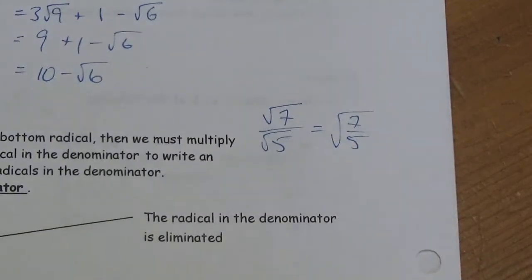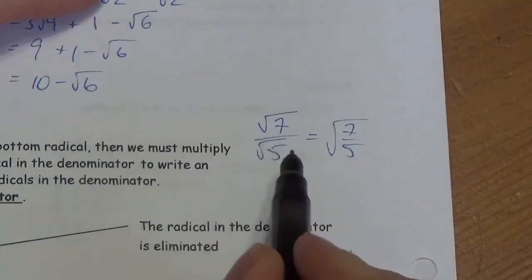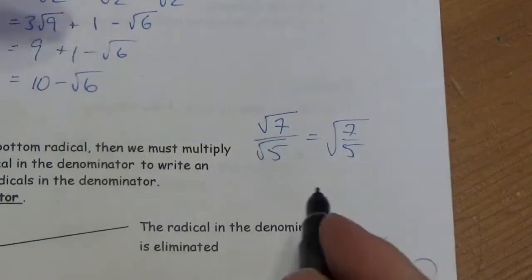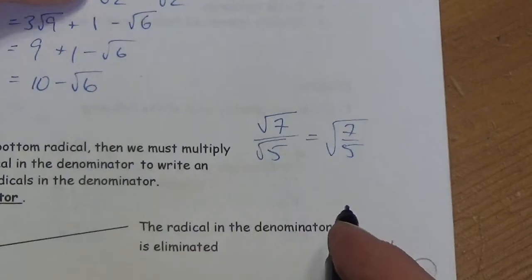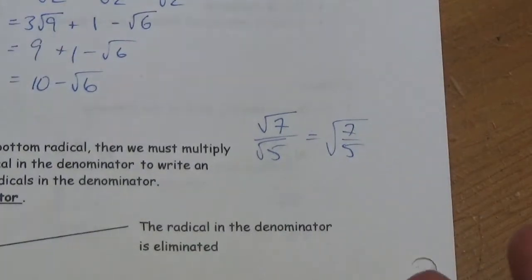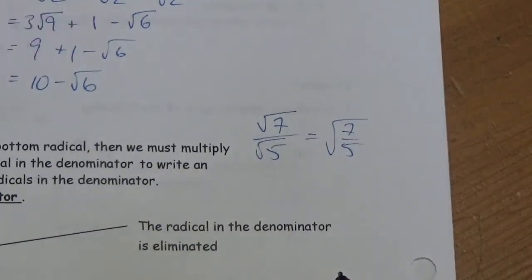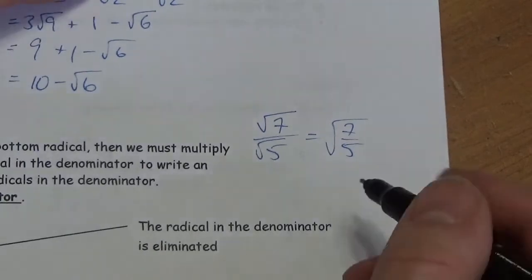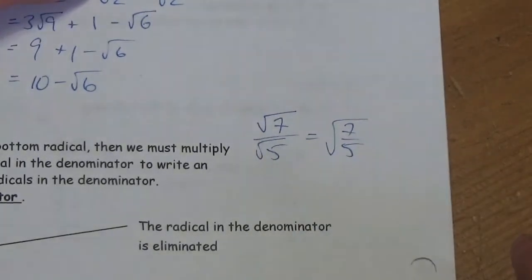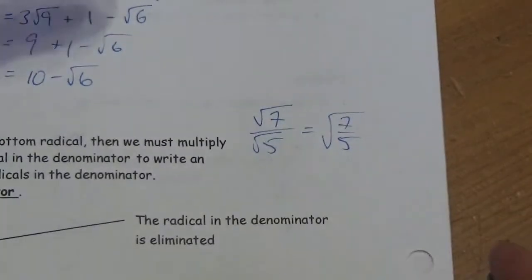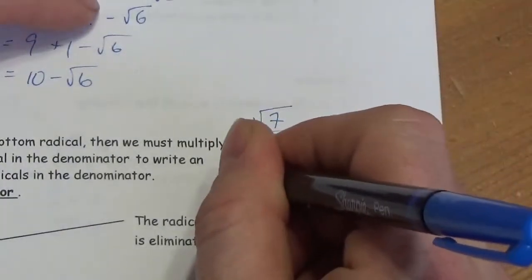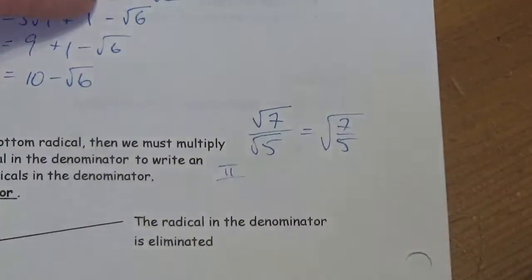And really, what do I mean by rationalizing? Most of the time when you have a square root of a prime number, or most numbers that can't be simplified into a nice result, it's going to be an irrational number. There are some reasons why having an irrational number in the denominator kind of doesn't make sense. Let me put it this way. It's easy to think of pi, because pi is a very common irrational number.